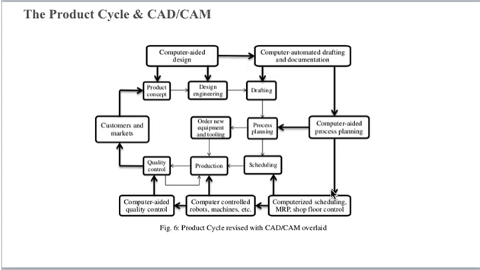In quality control, computers are used to perform inspections and performance tests on the product and its components. As illustrated in this figure, CAD/CAM is overlaid on virtually all of the activities and functions of the product cycle.